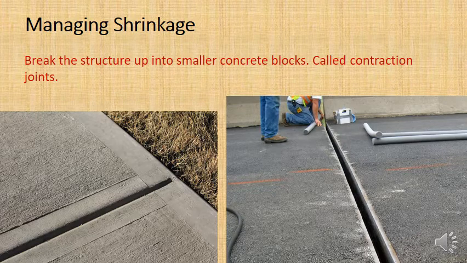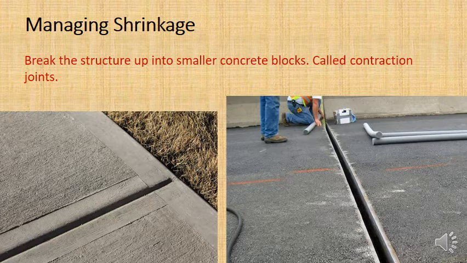Now, there's another way you can manage shrinkage. What we talked about in the last slide was ways of minimizing shrinkage. And that's important, particularly if you can't manage the shrinkage. Those issues of having less water, well, that reduces the workability of the concrete.